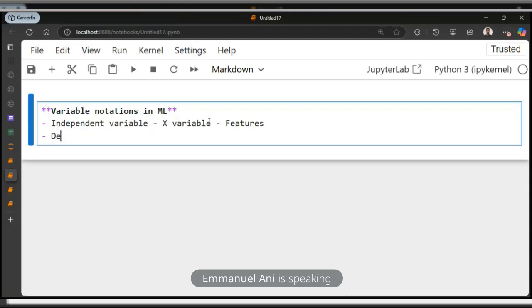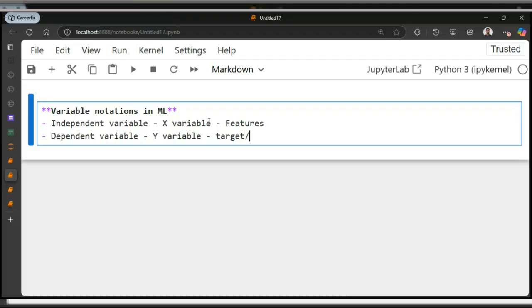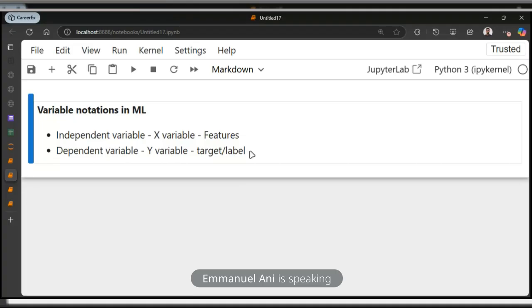All right, so we have the dependent variable, which is called the Y variable, and which is called your target or labels.